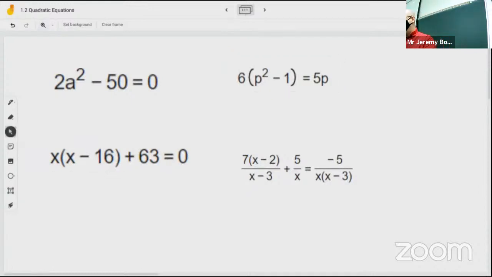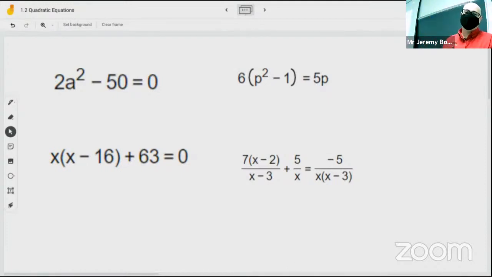So you have 2a squared minus 50 is equal to 0. That's an interesting one. The next one, x times x minus 16 plus 63 is equal to 0. You have 6 times p squared minus 1 is equal to 5p. And then the next one has some rational expressions in it.